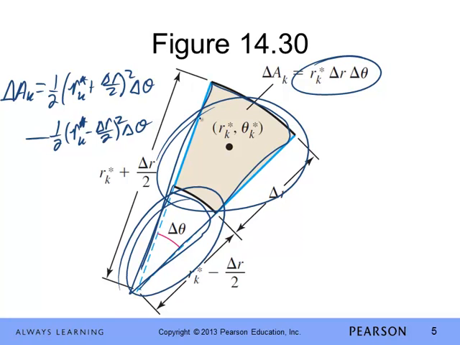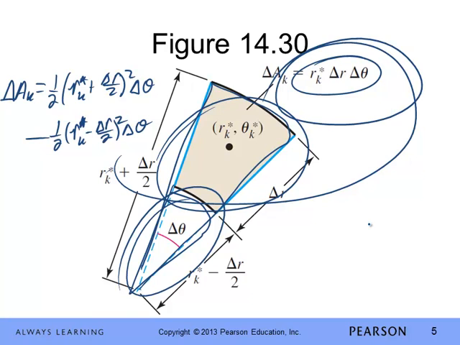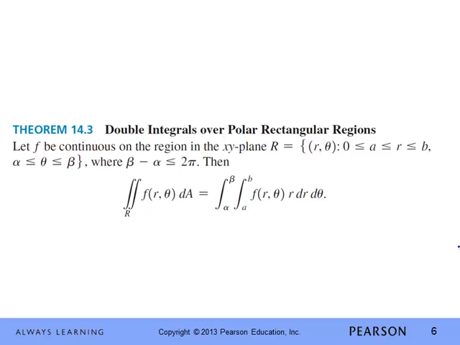So you just multiply it out, collect like terms, simplify, and that works out to be this r delta theta. And of course, then take the limit as delta r and delta theta go to zero. And then boom, that's what we have. So r dr d theta is your dA element.